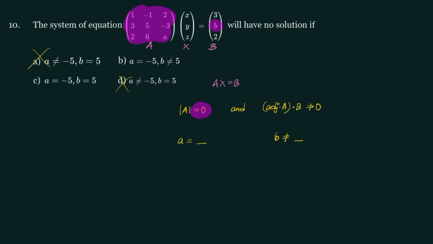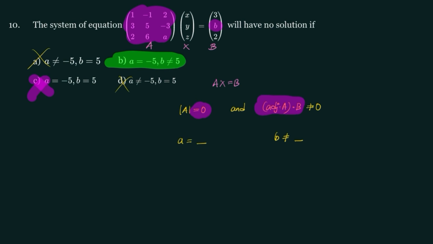And now let's go back to the options. Option B has a equals -5, b not equal to 5. And in option C, there is a equals -5, b equals 5. So obviously option C is not the correct answer. My correct answer is option B, where a equals -5 and b not equal to 5.